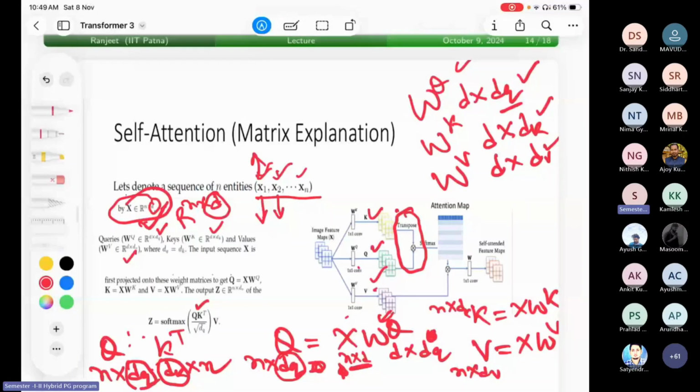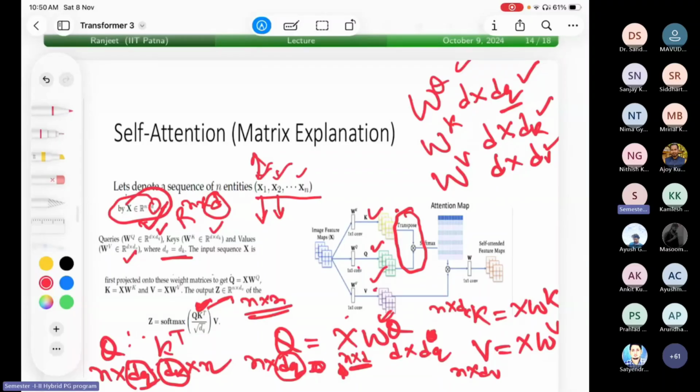That is why, whenever you define these, you have to be careful in fixing the sizes. Your dq should be equal to dk. Then if you multiply these two, you will get an n into n dimensional matrix.